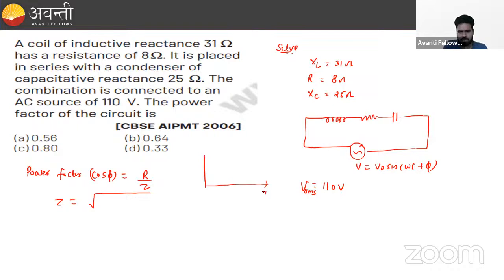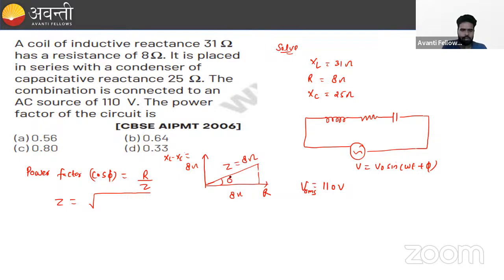the impedance triangle. This is our R, XL and XC. We can say the net difference of XL and XC is 31 minus 25, which is 8 ohm. This is our XL minus XC. We can say this is our Z, and the value of Z is nothing but 8 root 2.